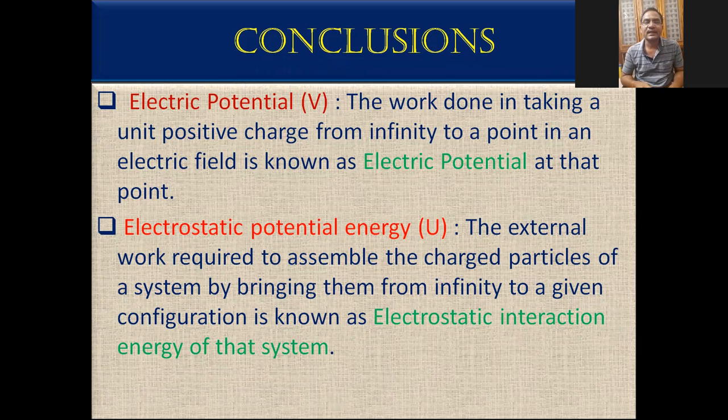The potential difference delta V is equal to delta U by test charge q naught, because when the test charge q naught moves from one point to another in the electric field, the change in potential energy per unit charge gives the potential difference between those two points. Hence we write delta V equals delta U by q naught.